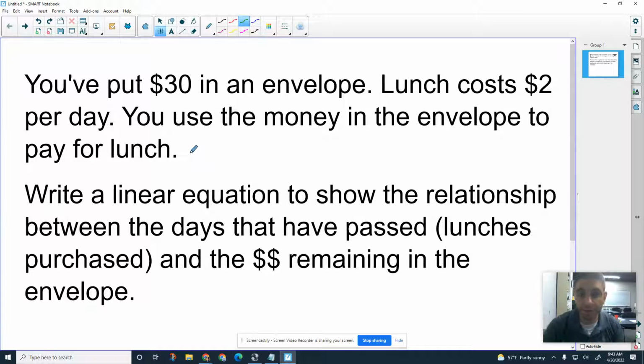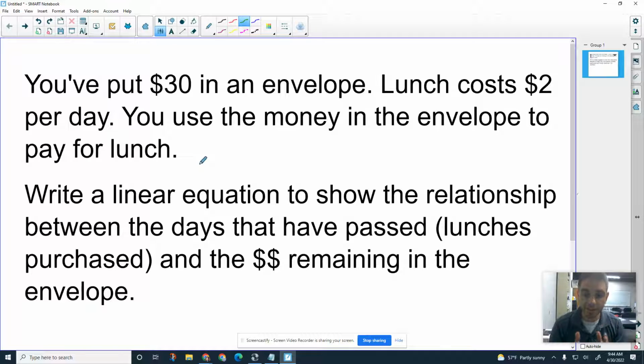How long will it take for that $30 to go down to zero, maybe? Or a question like that. So the tendency is to want to solve something. That's what we think of when we think of math, that we're trying to solve something and get an answer. Like in this case, it would take 15 days. If lunch costs $2 per day, 2 times 15 is 30. So it would take 15 days to spend all of that $30 in the envelope.